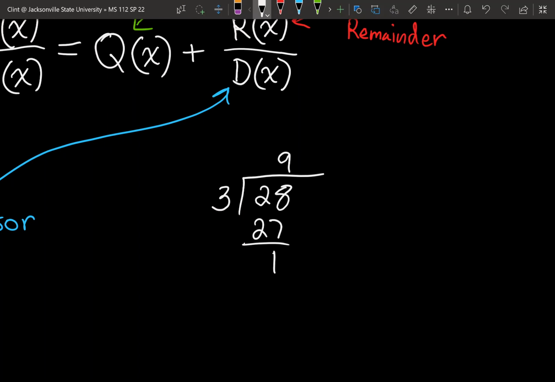You could say our answer is 9 with a remainder of 1. Sometimes you may have done it like that way back. Or you could say our answer is 9 plus 1/3, or 9 1/3. In that case, we're just taking the remainder and writing it over the divisor. That's all this is doing.